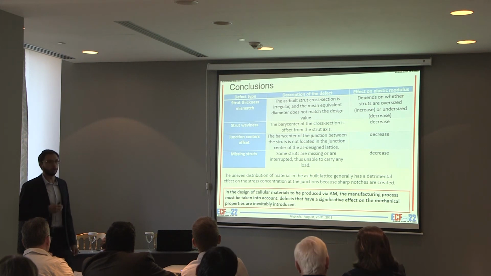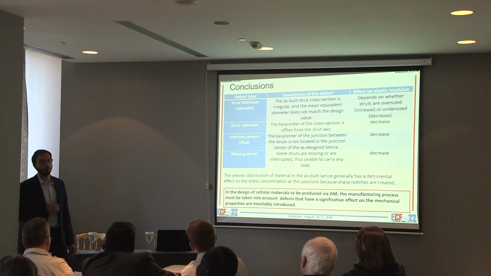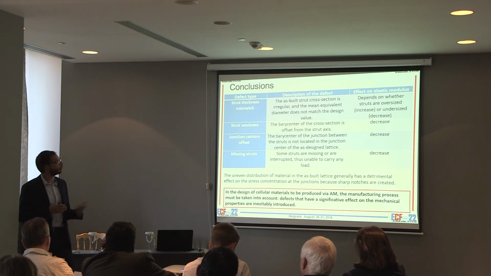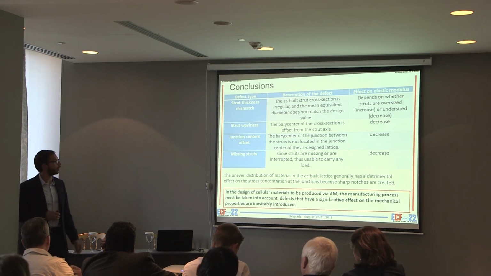Okay. So what I am currently doing after this research is to devise compensation models for cellular materials in order to compensate for the systematic defects, as the random defects are more difficult to compensate, in order to have more predictable mechanical properties.